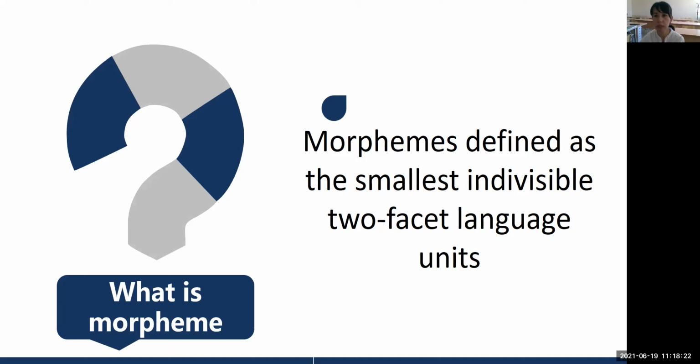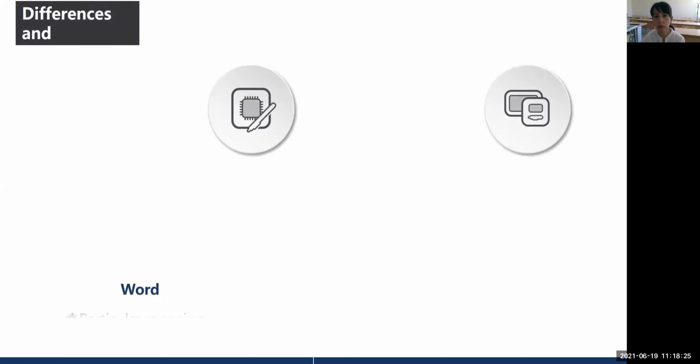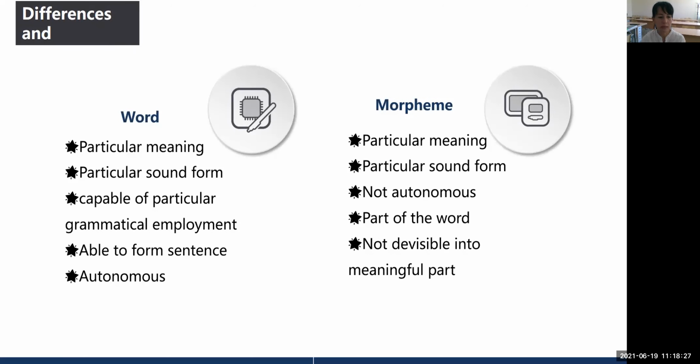There is a difference between morphemes and words. Now, students, let's see the difference. A word has a particular meaning. For example, the word teacher has its own meaning: a person who teaches the students. Morphemes also have particular meaning, but sometimes, as I mentioned, morphemes can be meaningless, like -er here.